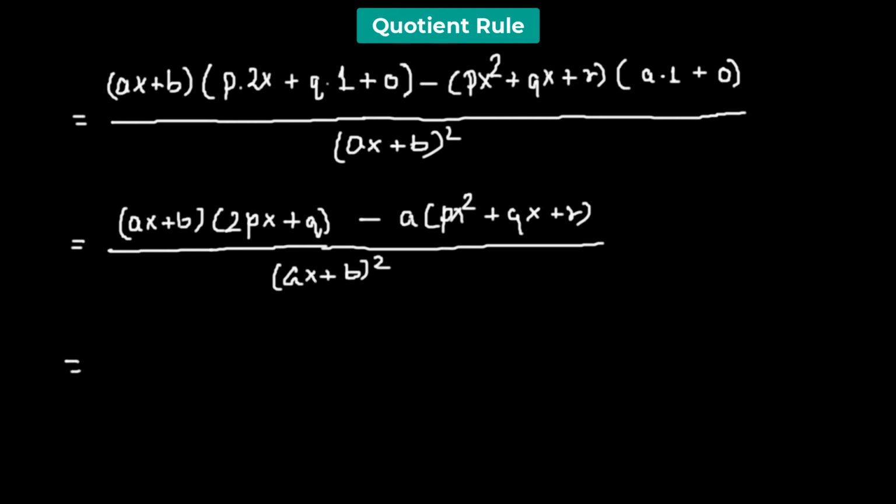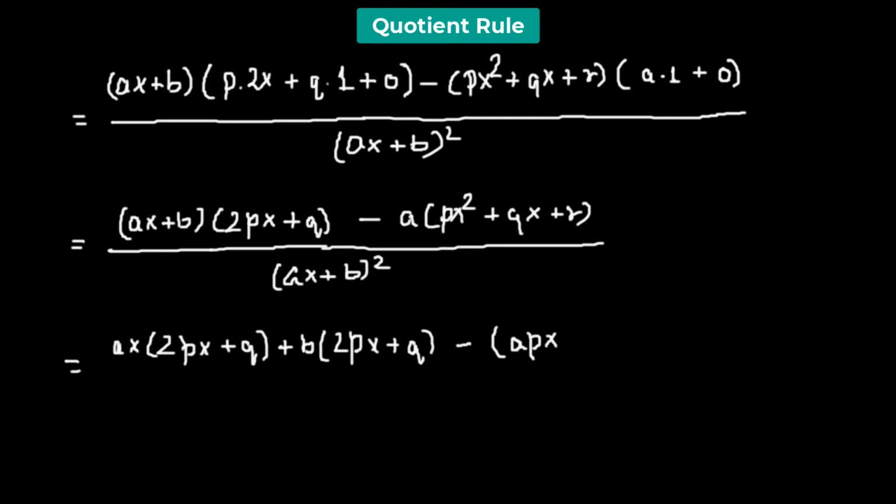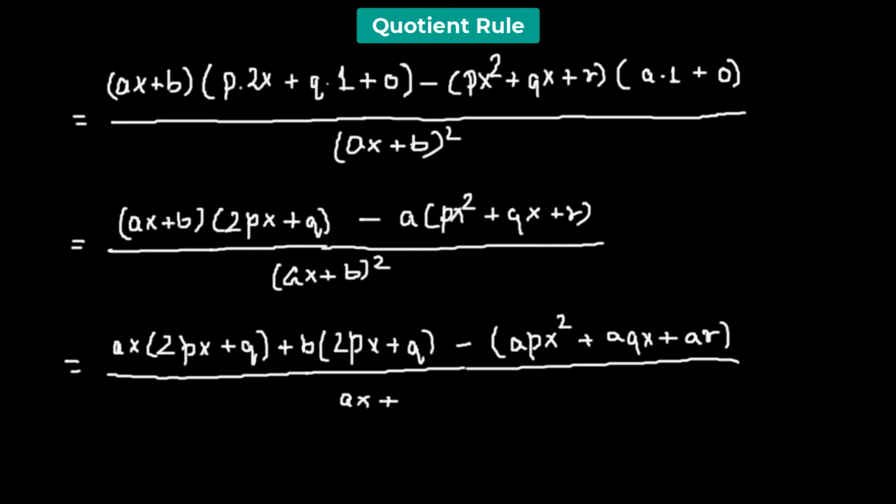Now we multiply the two terms, ax plus b and 2px plus q, so we have ax multiplied by 2px plus q plus b times 2px plus q minus a times px squared, which will be apx squared plus aqx plus ar, whole divided by ax plus b whole squared.